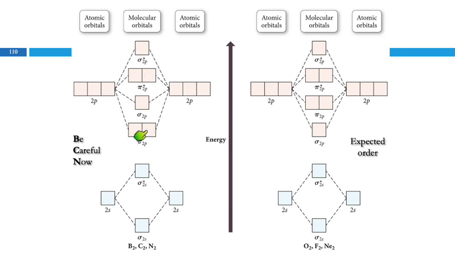Can you spot the difference between this part and that part? Yeah, these two switched order, right? Instead of the sigma one being the lowest, the pi bonding is the lowest, and then the sigma. The ones on the top stayed the same. So that's what's switching here. Like I said, I'm not going to try to trick you on this, but we're doing problems with it, and so it just is. Sorry.